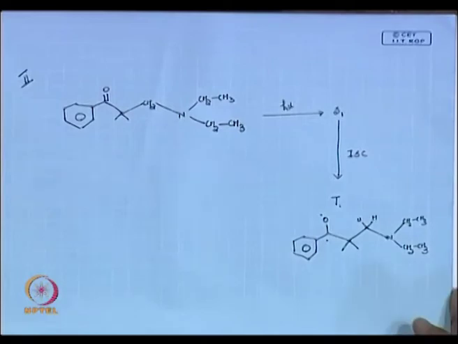In the earlier class we said that if there is no gamma carbon, it can abstract a hydrogen from your beta, because it is a 5-member transition state. It is a little bit favored over your 6-member, but anyhow if gamma is there, then that will be the first choice.